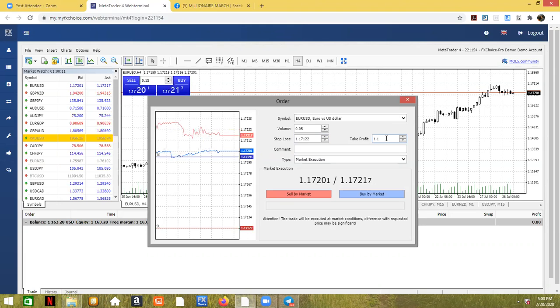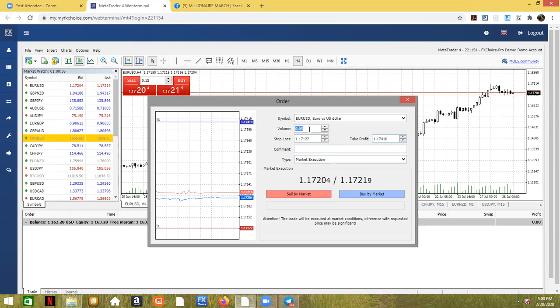So here we go. 1.1741 is our take profit. So if the price pair gets up to 1741, it'll take us out of the trade and put our profit in our bag. If the price goes down to 1712, we're going to lose this trade, okay?